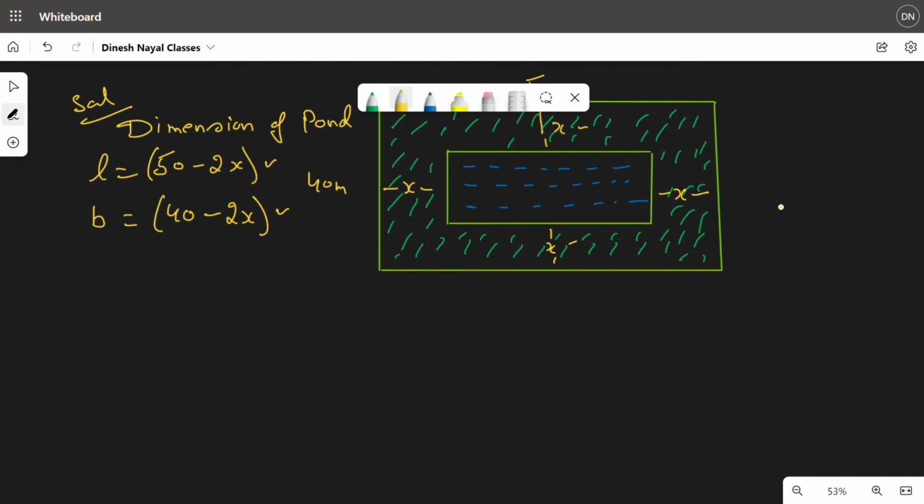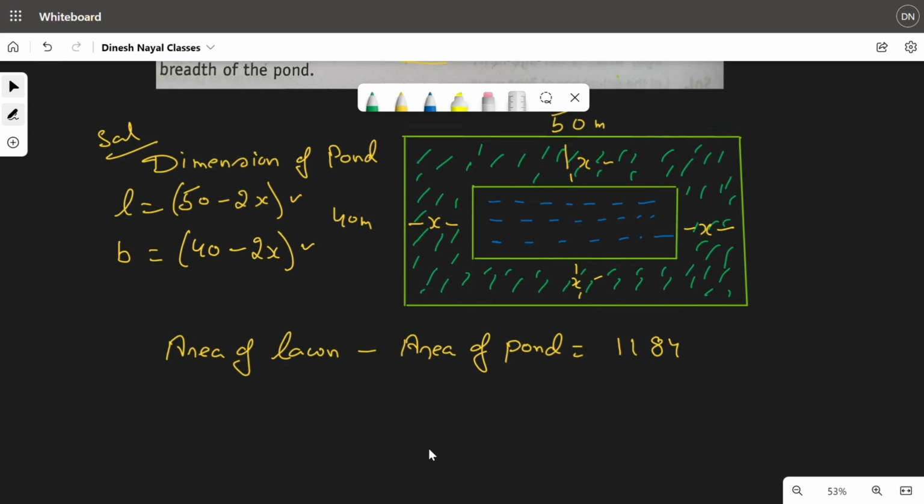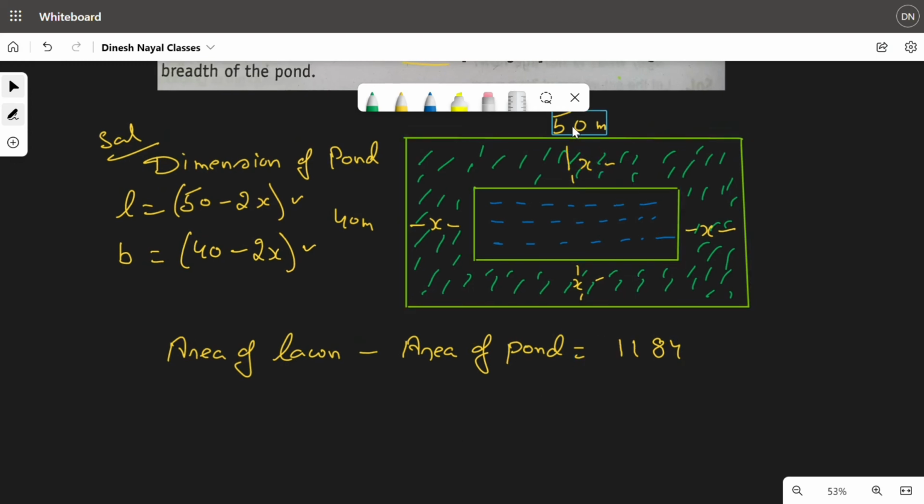So, finding the area of the lawn first, area of lawn minus the area of pond. So the area of the grassland, that will be 1184. So area of the lawn is 50 into 40 meter.